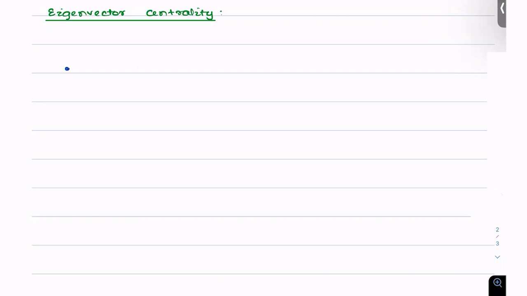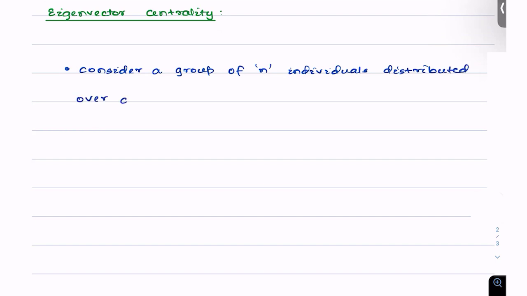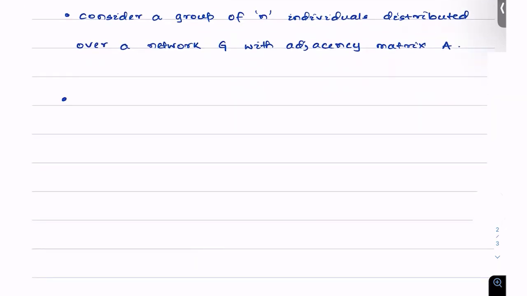Let us consider a group of n individuals distributed over a network G with adjacency matrix A. Now, what happens in the case of degree centrality is that every neighbor that we have gives a point.